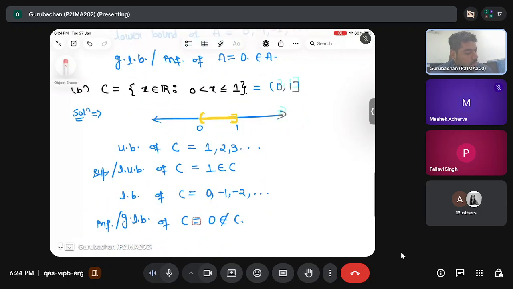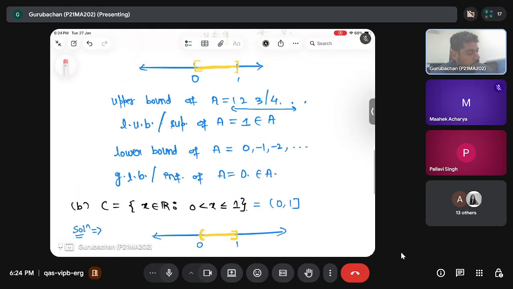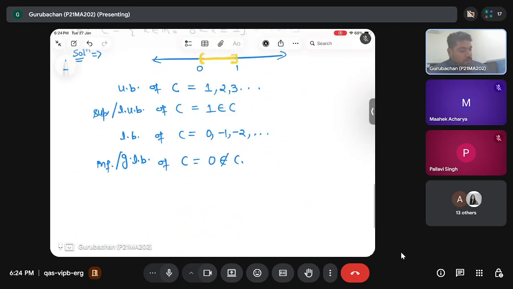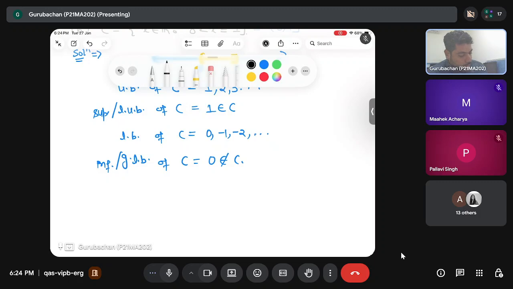So here also let me write it. The next one is the set of integers Z, while B dash is equal to all those integers x such that -4 less than x less than 4.